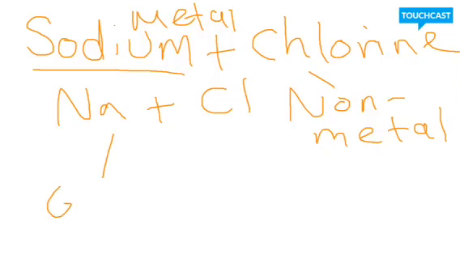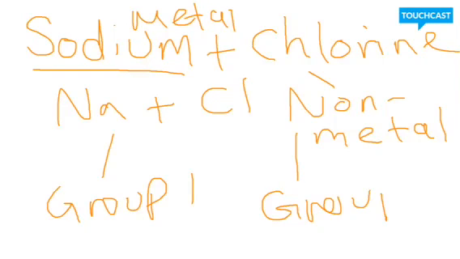Sodium is in group 1. Chlorine is in group 7. Because sodium is in group 1, it has one valence electron, which means it only has one electron in the last shell.